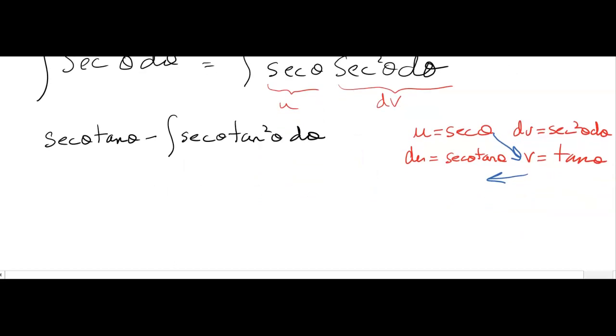All right, well, I can put my tans all in terms of secant. So copy this part down. What does that mean? I can make tan squared be equal to secant squared theta minus 1, right?